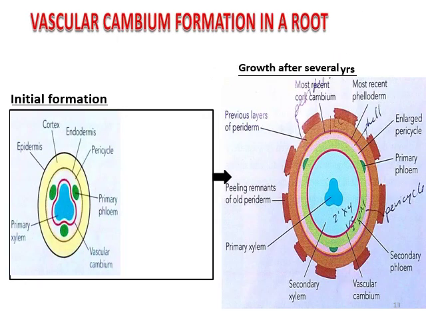So in this slide we observe the vascular cambium formation in root. In root, the arrangement of primary xylem and phloem, as indicated in this slide, prevents the vascular cambium from initially forming in a circular pattern. But within a year or so, different rates of cell division in the vascular cambium result in the formation of a cylinder.